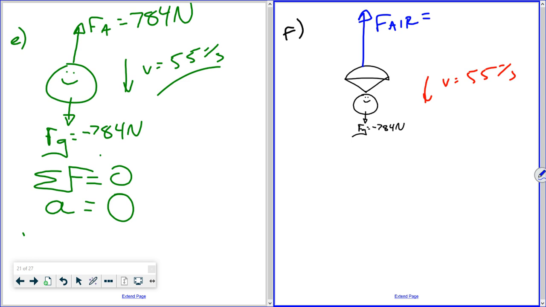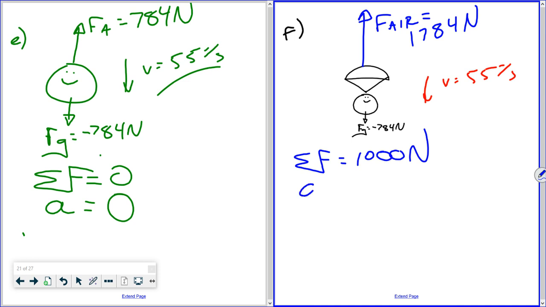So maybe it's, I'm going to make up a number, a ridiculously large number just because it'll make the math easy. All right, so what does this make my net force, you guys? Well, I got 1,784 up, but only 784 down, so the net force is just 1,000 newtons, right? Follow?